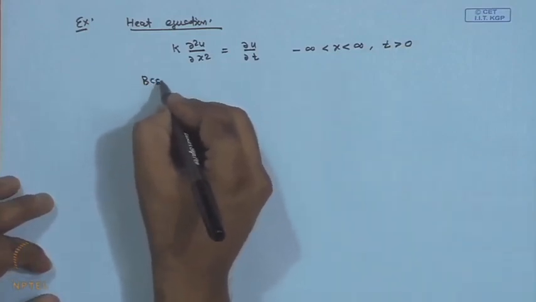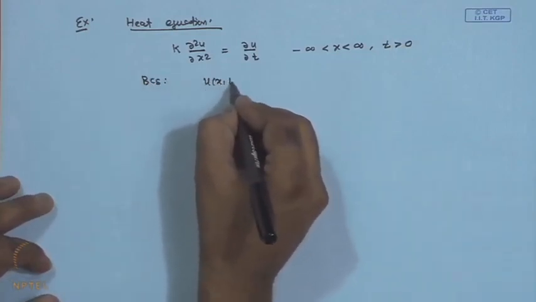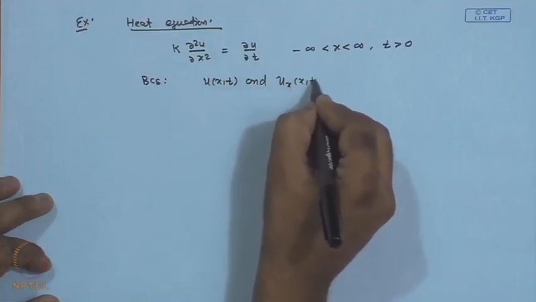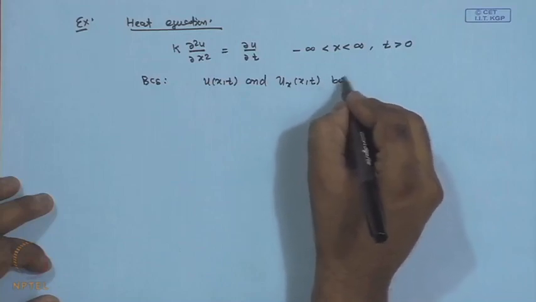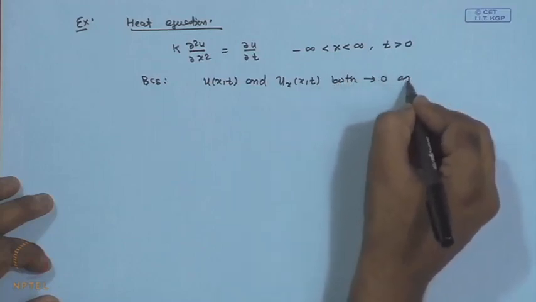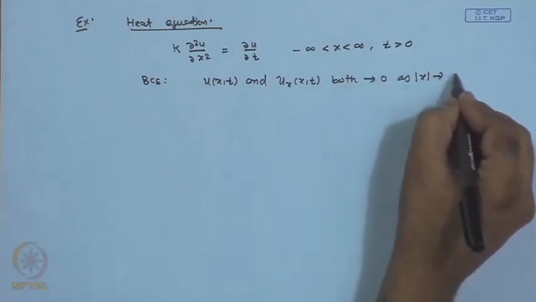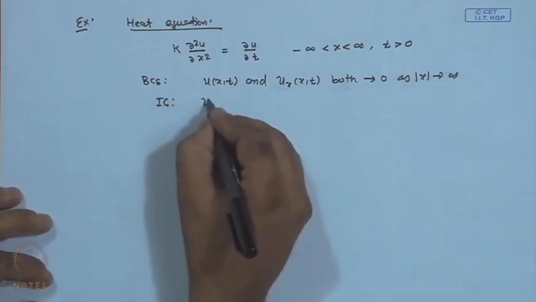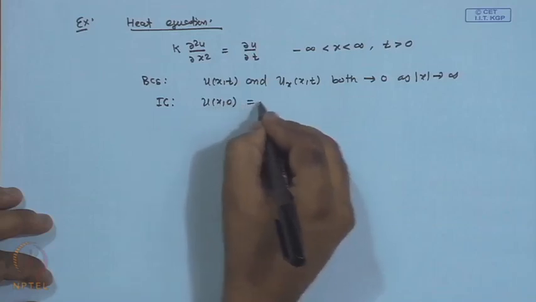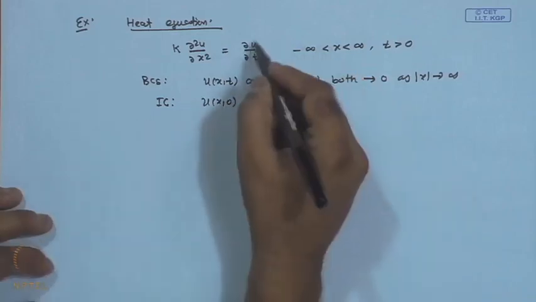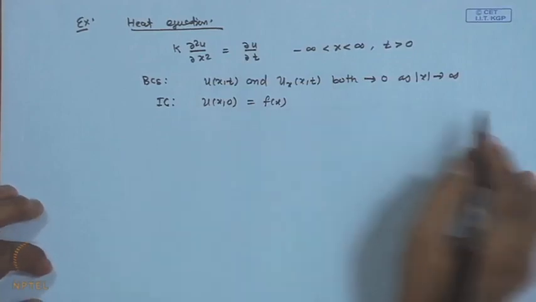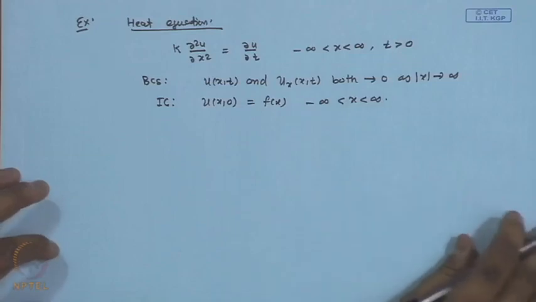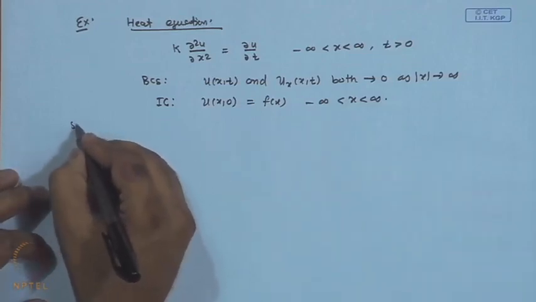The boundary conditions are given: u(x,t) and u_x(x,t) both go to 0 as the absolute value of x goes to infinity, and the initial condition is u(x,0) = f(x). We have only the first derivative in t here, so only one initial condition, for x from minus infinity to plus infinity.